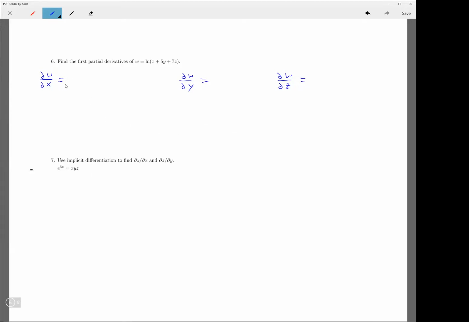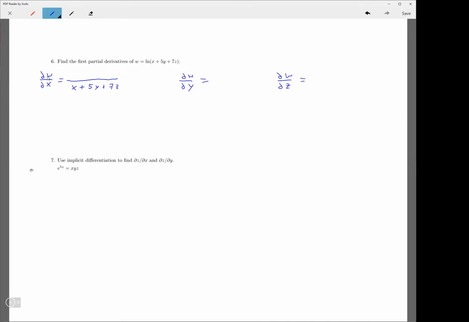Okay, so what's the partial with respect to x? So here you have the x right there, and these guys just get treated as constants. I'll start this one off. So it's 1 over whatever is inside the logarithm times the derivative of what's inside.